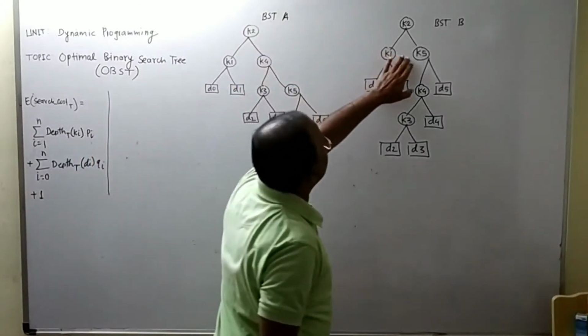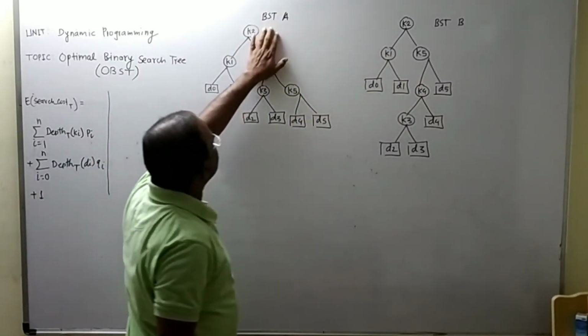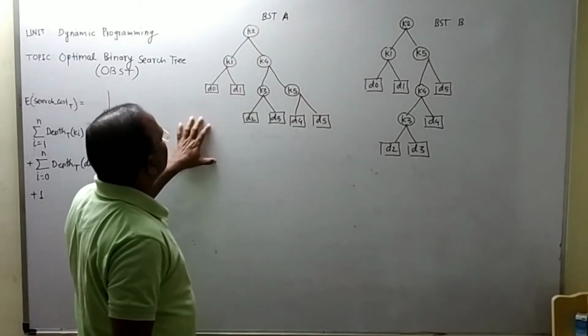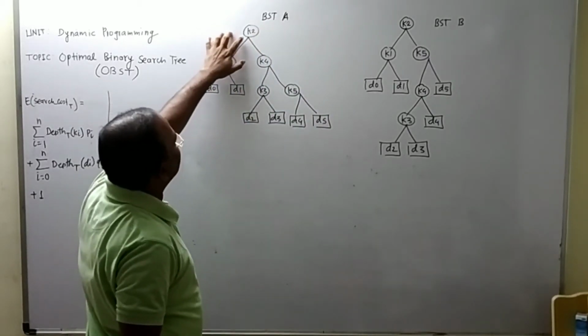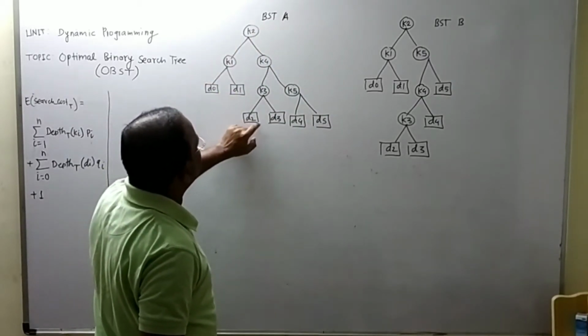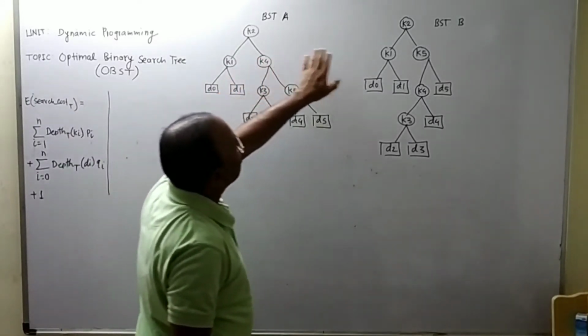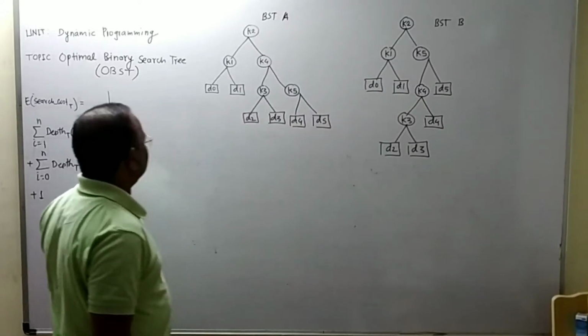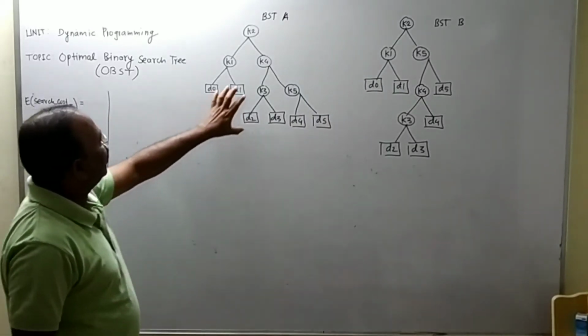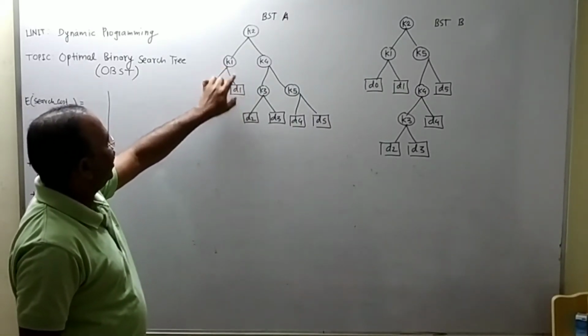Two BSTs are given, and with this the probabilities of actual keys, that is Pi, and probabilities of dummy keys have to be given with these binary search trees. Now let us see the probabilities of actual keys and the dummy keys.